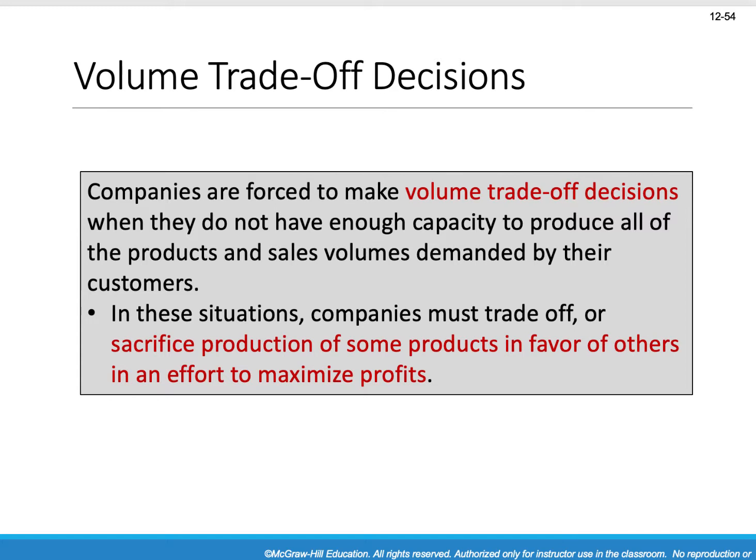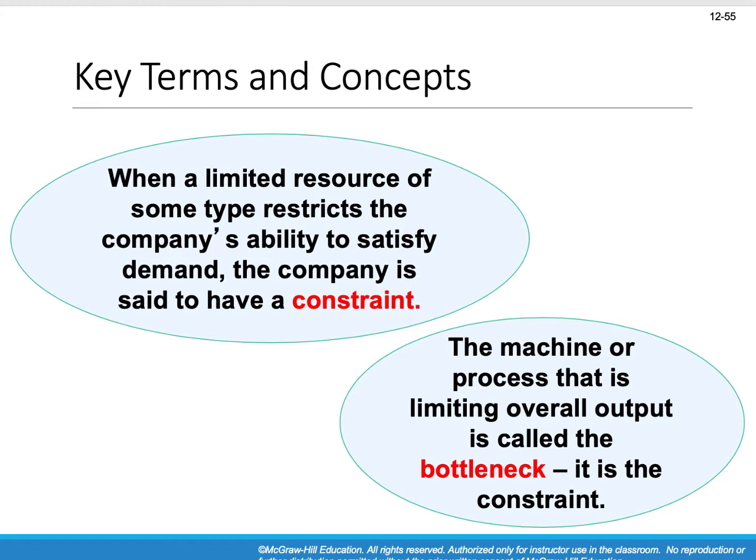So we're going to have to make a trade-off. We're going to have to sacrifice some products in favor of others. Once we look at an example, it'll become a lot more clear.